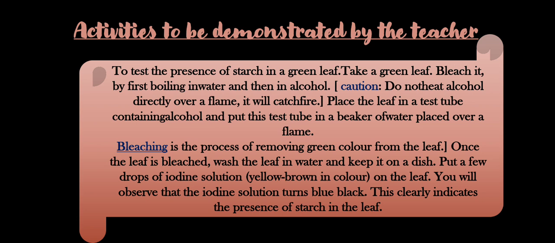Put a few drops of iodine solution, which is yellow brown in color, on the leaf, and you will observe that the iodine solution turns blue black. This clearly indicates the presence of starch in the leaf. So we can test the presence of starch in the green leaf by this activity.